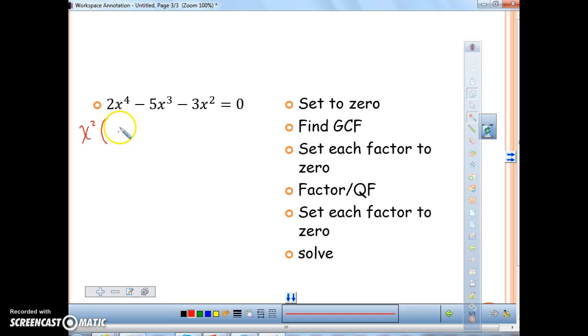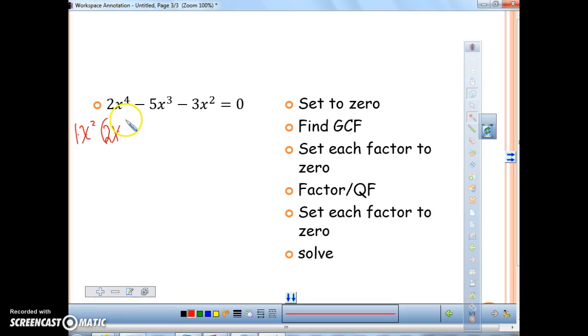One. Okay, almost. They're just going to have an x in it. So it's like 1 times what gives me 2? Oh, 2. Okay. X squared times what gives me x to the 4th?